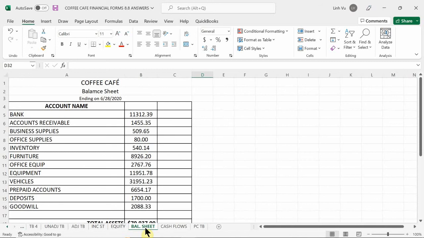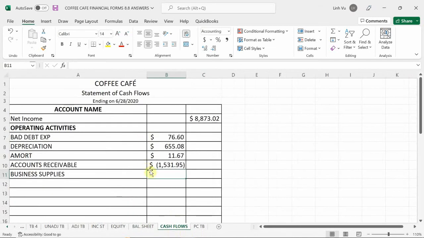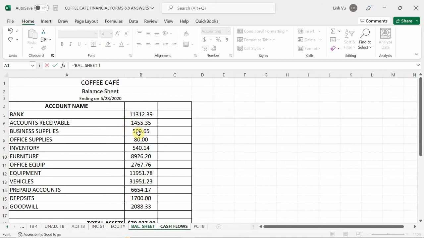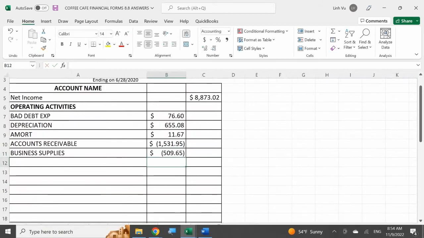Cash you already spent to acquire it. Exactly. So in this case, I have to subtract this money out because I've already spent the cash to buy the business supplies in the first place. So I need to subtract this out from my net income because this is money, once again, I've already spent to acquire the business supplies.